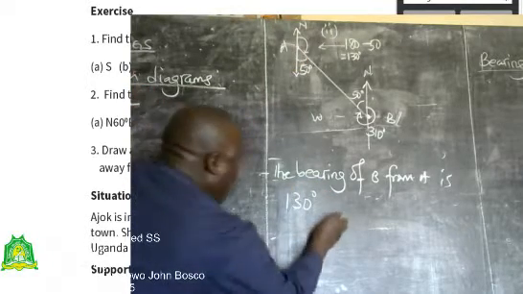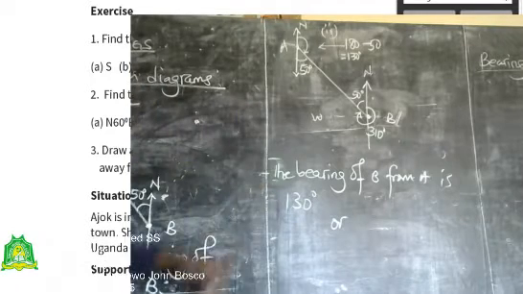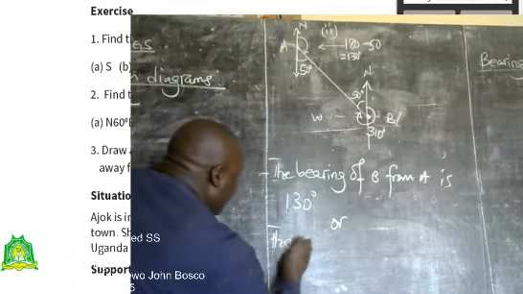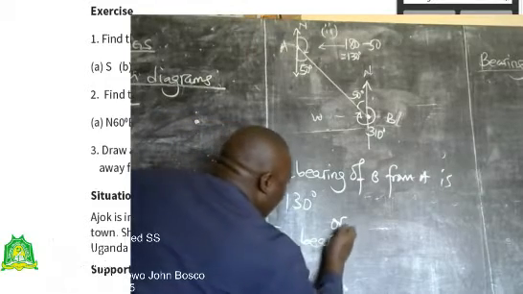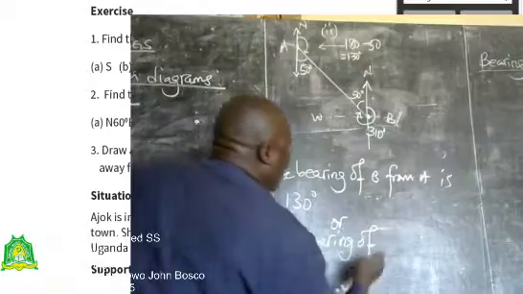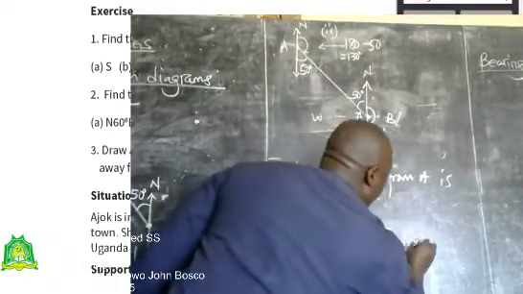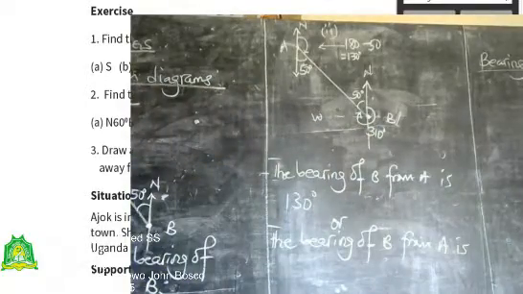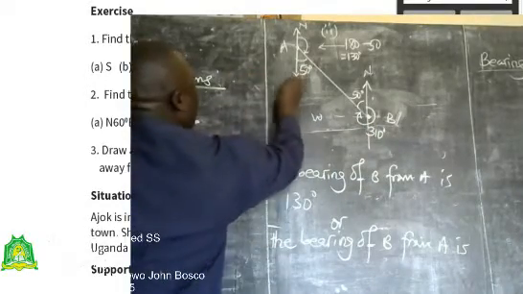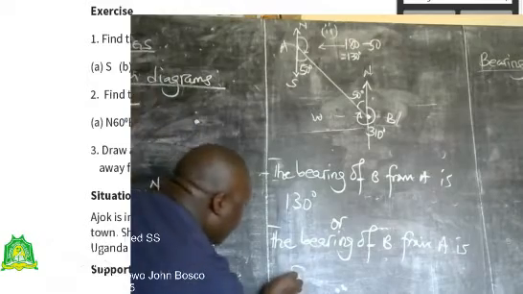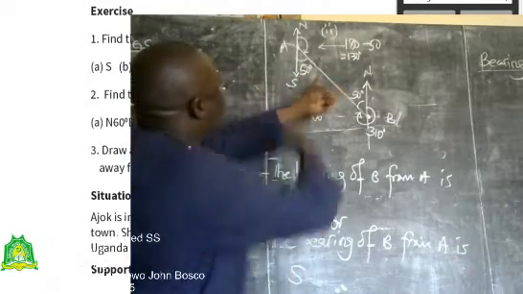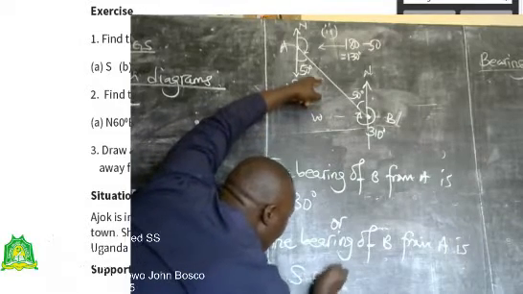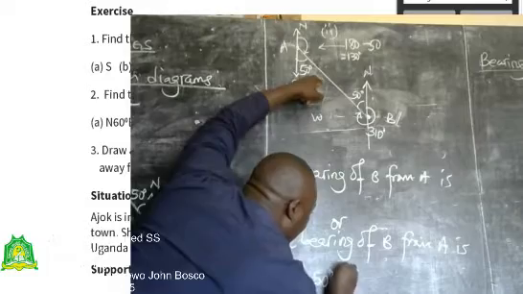We can now say the bearing of B from A is: face south, and turn 50 degrees towards east.